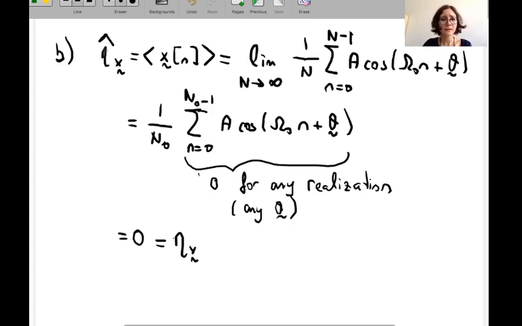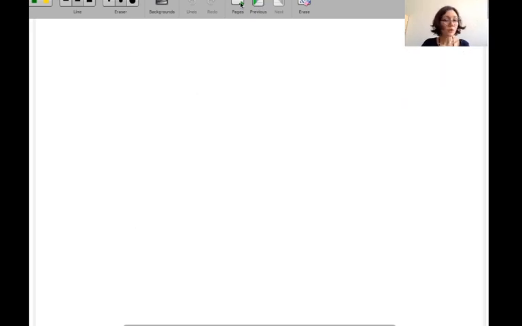Since the time average is equal to the expectation, we conclude that this process is ergodic in the mean, or simply, you can call it mean ergodic. Now, to solve the rest of the question, we have to look at whether it's also ergodic in the ACF.